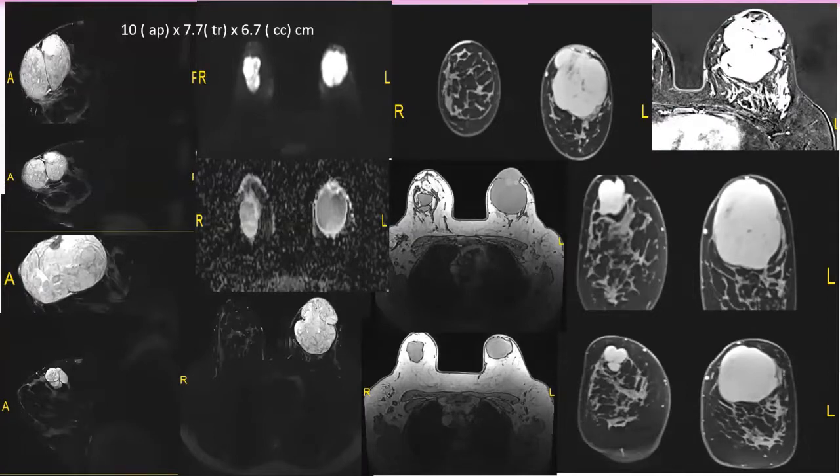But the left one is inhomogeneous, though circumscribed, and there is a non-enhancing cystic area demonstrating high T1, low T2, might be proteinaceous or blood component, with adjacent focal skin thickening. It shows restricted diffusion and heterogeneous enhancement. So again, large lesion, features more in favor of phylloides.